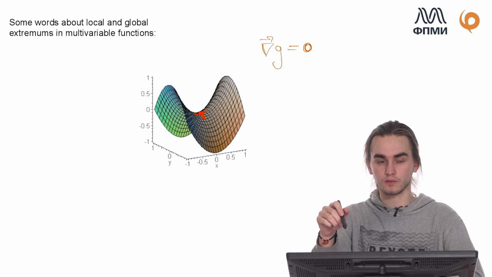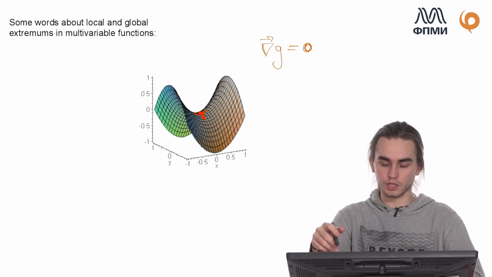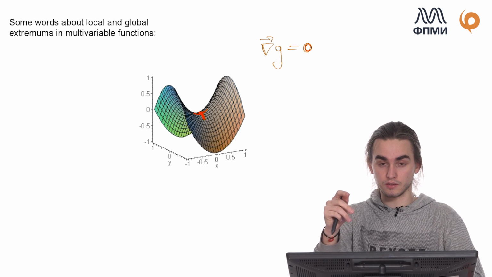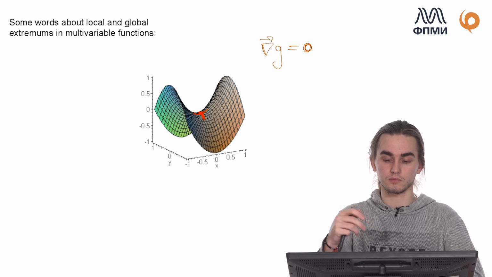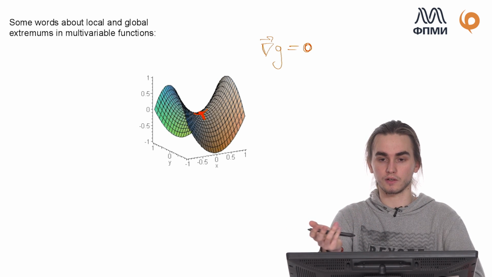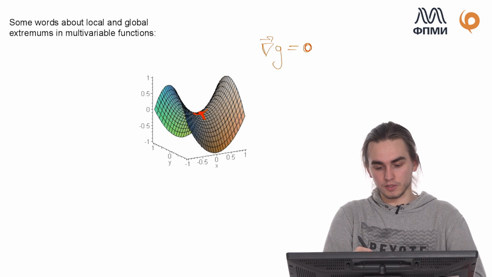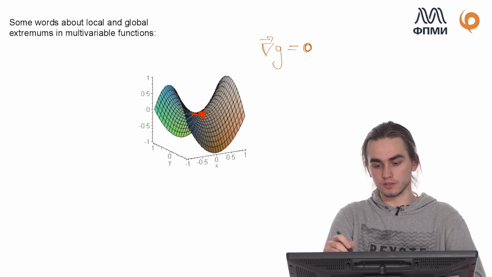In single variable functions, it's easier to check if it's just a steady point, not an extremum, because you can imagine them. But in this case you can't, because can you imagine a 100-dimensional function? Probably not. Nobody can. And this is a problem.